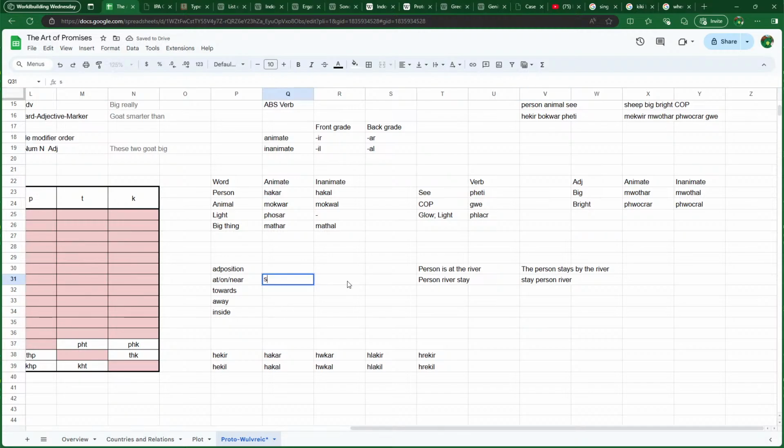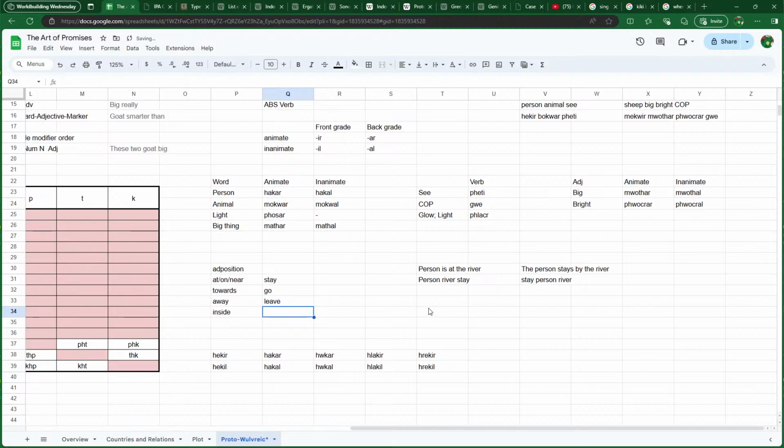So this will be the word for stay. This will be the word for towards, sea maybe? I think this is the word for go. Leave.